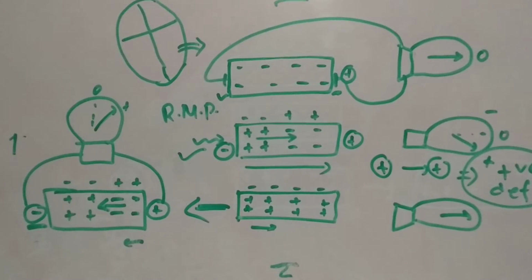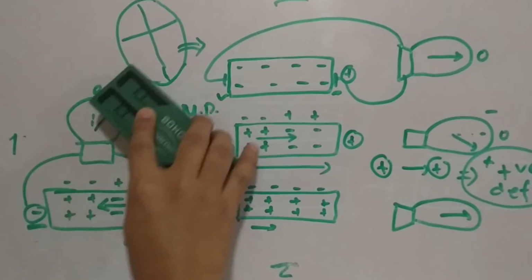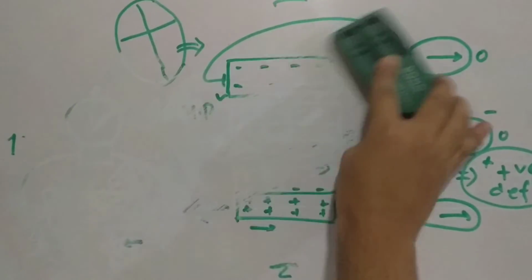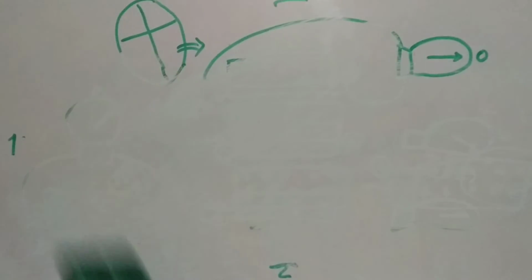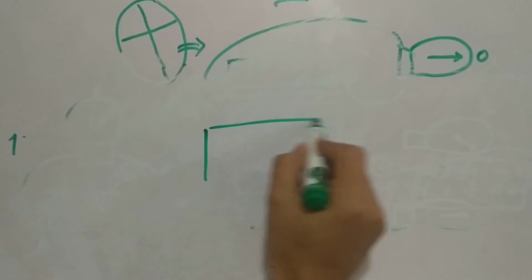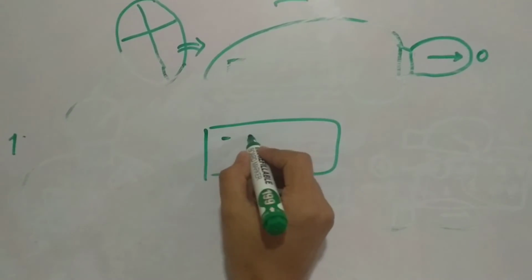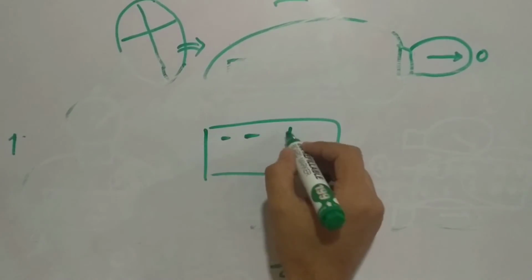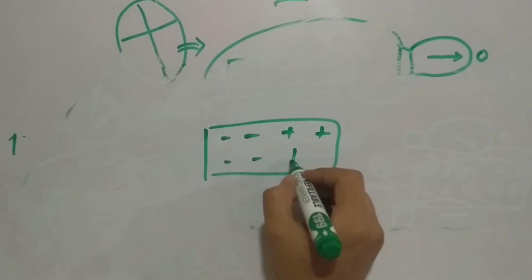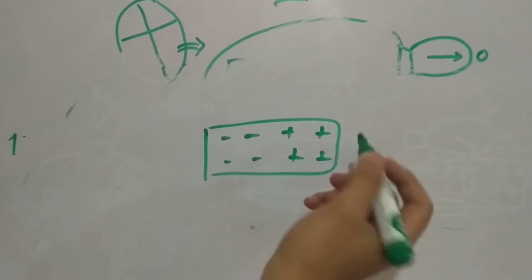But suppose, let me erase this diagram. Suppose we have our myocardium here, and let's say here we have the negative deflection, and here it is positive deflection. Let's take one quick example. What will be your finding?